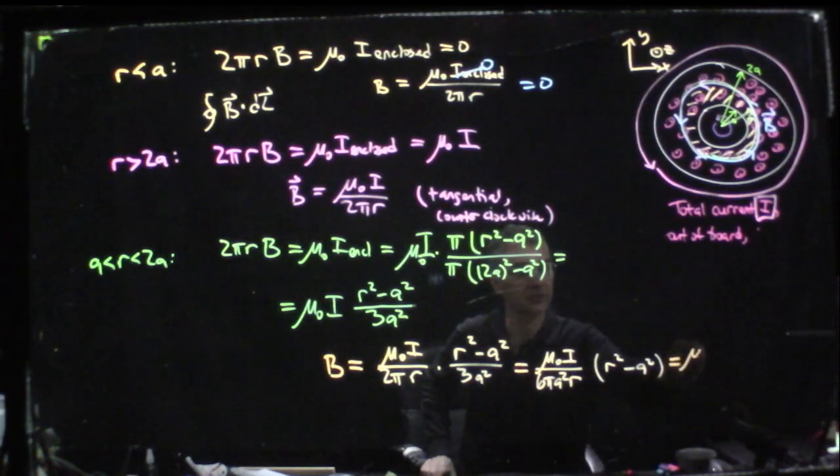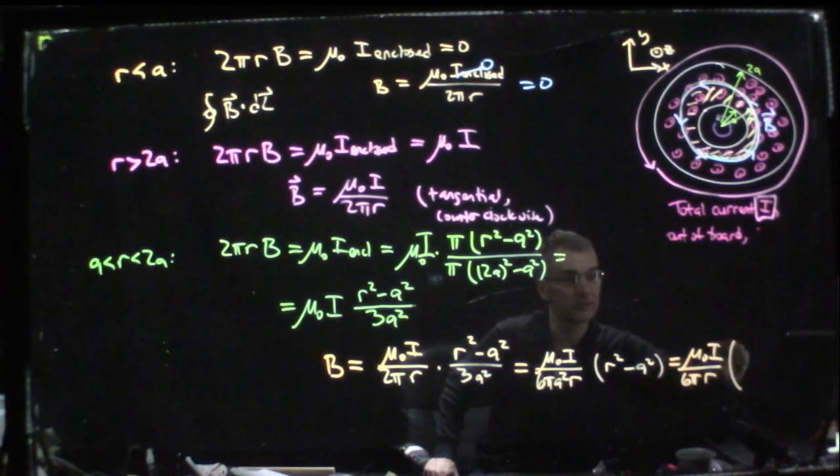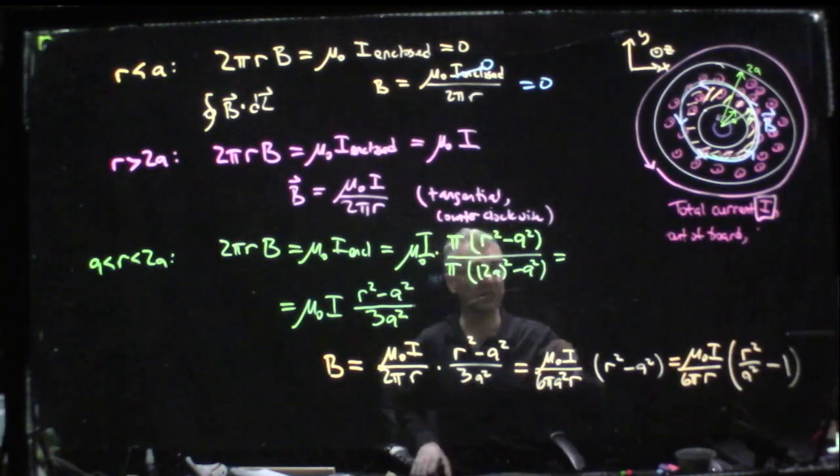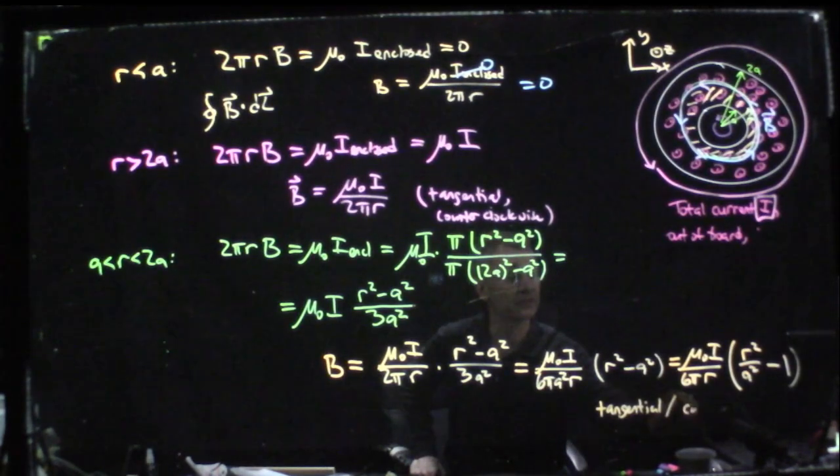So then we could say mu naught I over 6 pi r. So that looks like a magnetic field. And then this is r squared over a squared minus 1. I guess that's kind of nice. And then, again, it is tangential and counterclockwise.